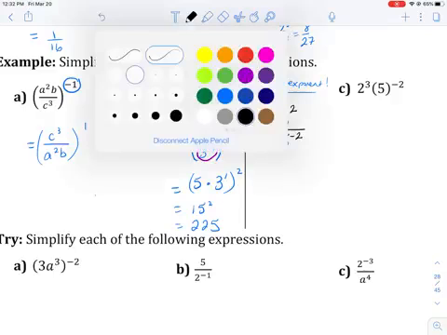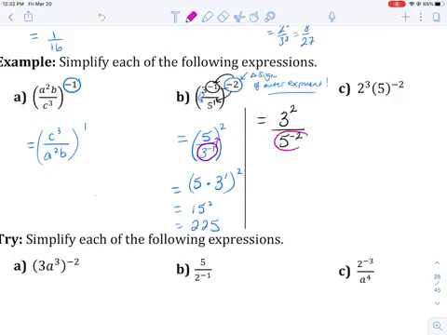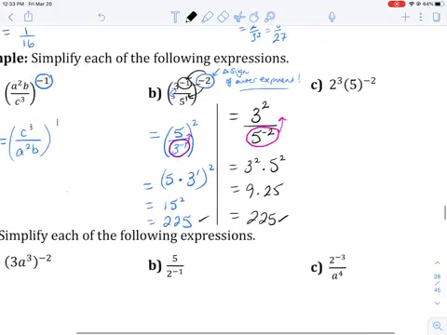So now I've got 3 squared over 5 to the negative 2. And of course, there's that negative exponent. I need to move that one up. And what do we get here? We get 3 squared times 5 squared, which is 9 times 25, which is also 225. Same answer, two different approaches.